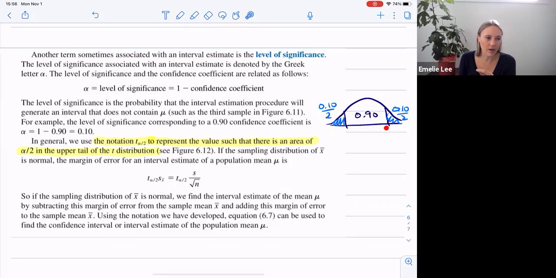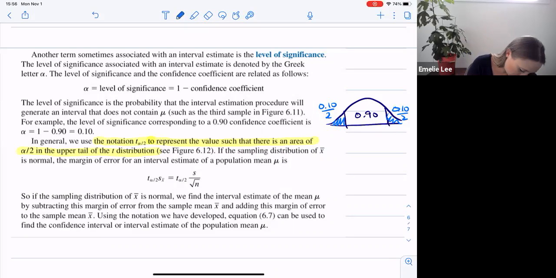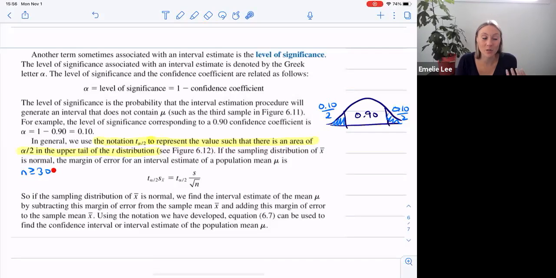So what we're going to find is, if the sampling distribution of X bar is normal, which is really saying if n is greater than or equal to 30, or we're sampling from an already normal distribution, then we can relax that. But generally, we have a sample size greater than or equal to 30. In this case, we have exactly 30, that's fine.